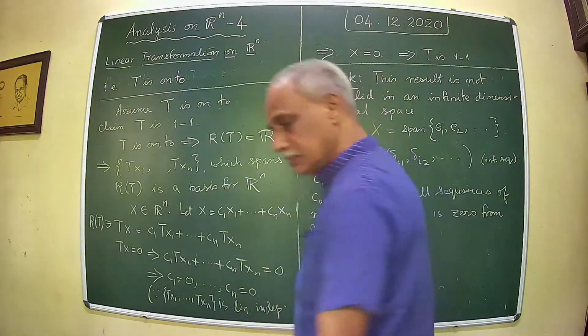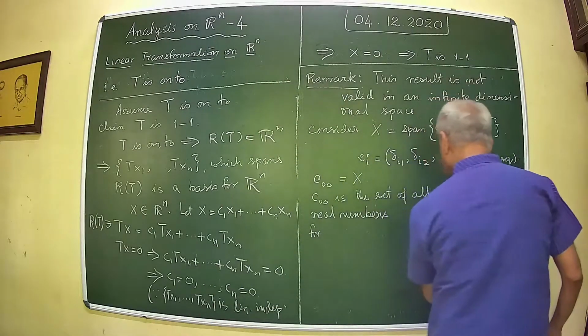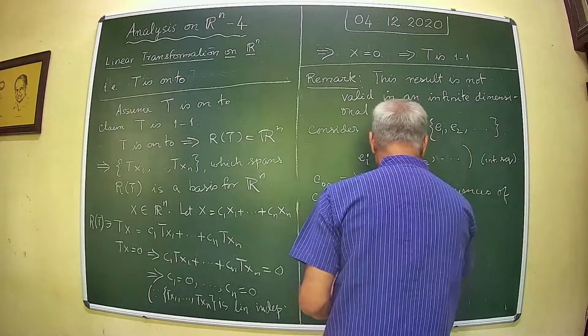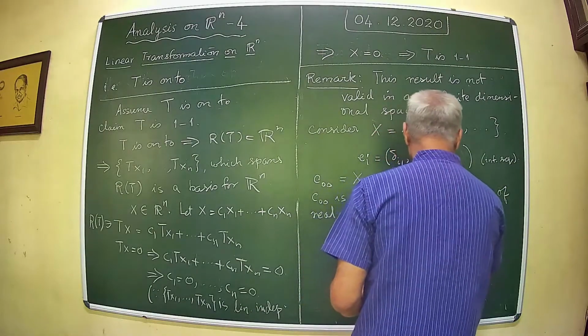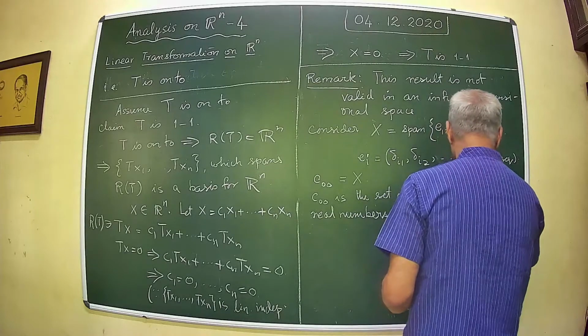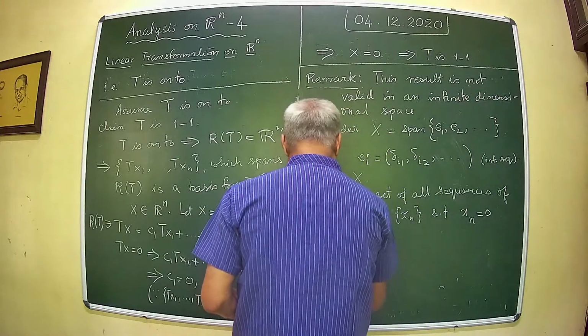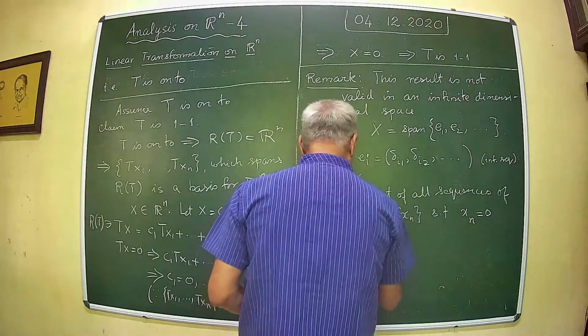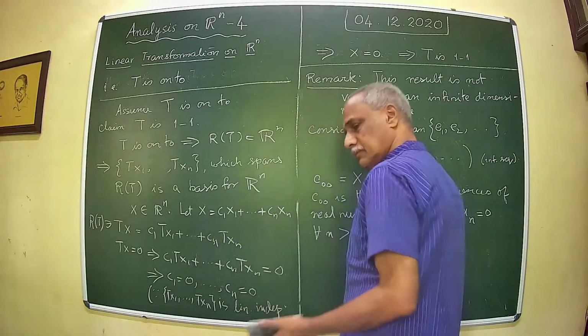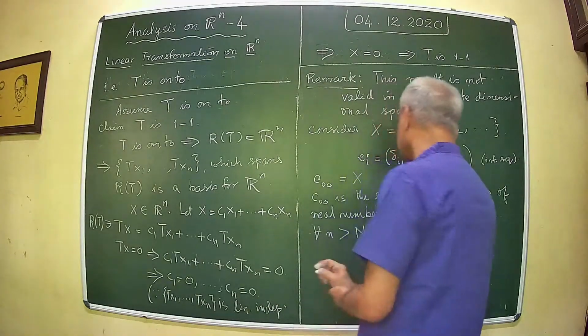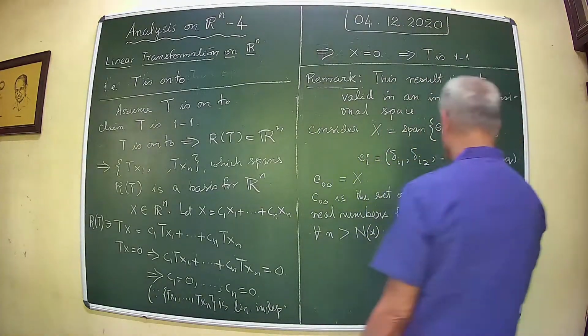Real numbers xn such that for every n greater than some particular n, which depends on x, xn is equal to 0.